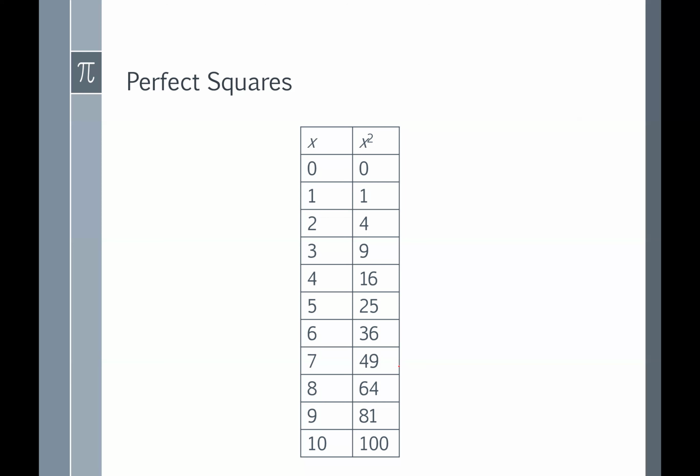Now, I also think you should know 11 squared is 121, and 12 squared is 144, and 13 squared is 169. And then I kind of lose it after that. 14 squared is 196, I think. And 15 squared is 225. So I get up to about 15, and then I don't know. But I think you should know 0 through 10, what the square of that is.